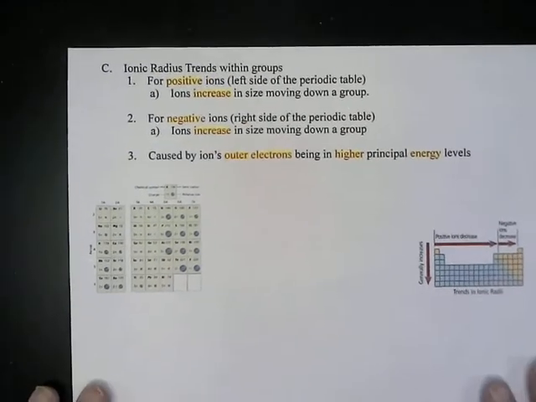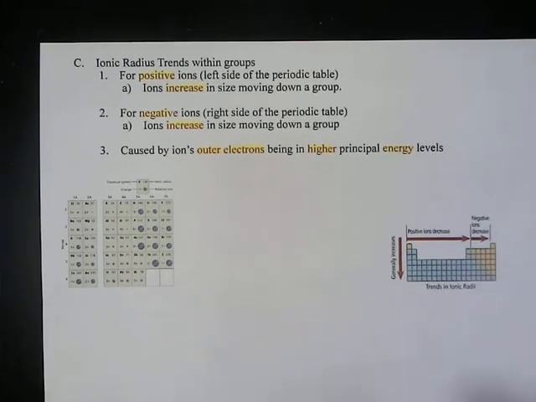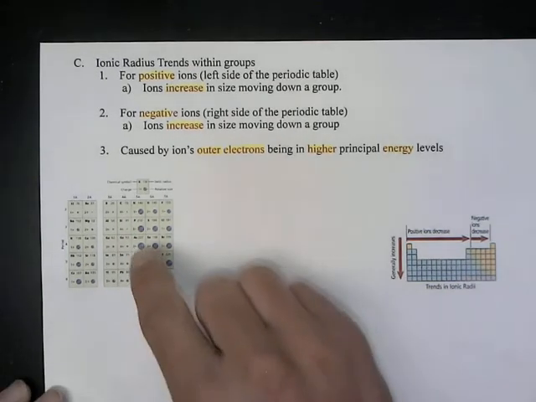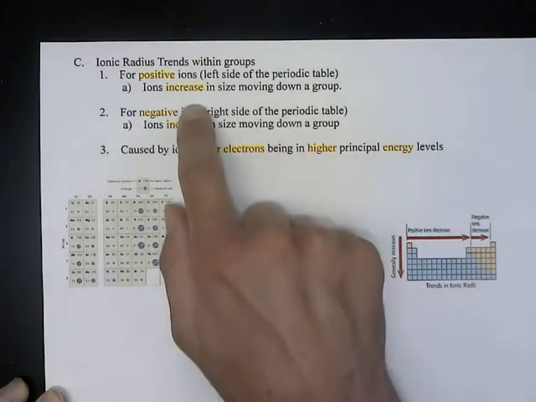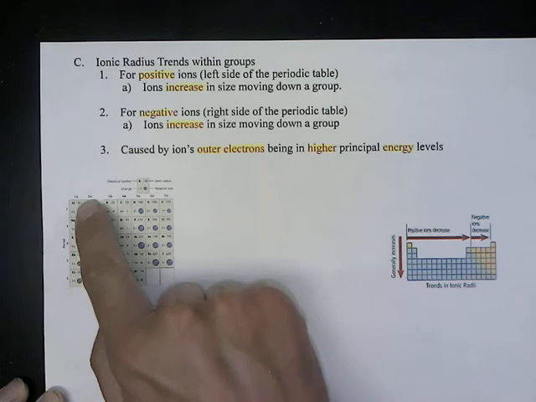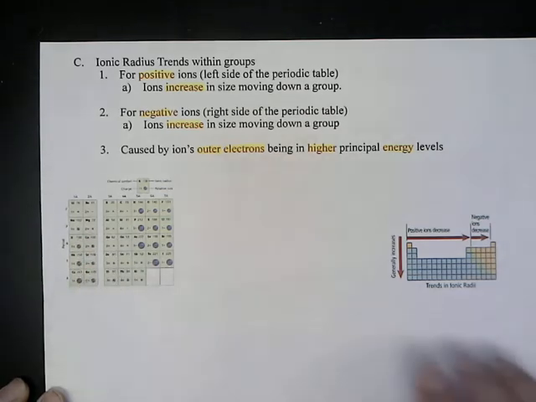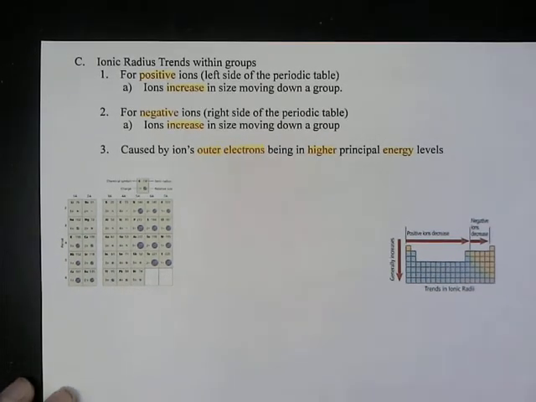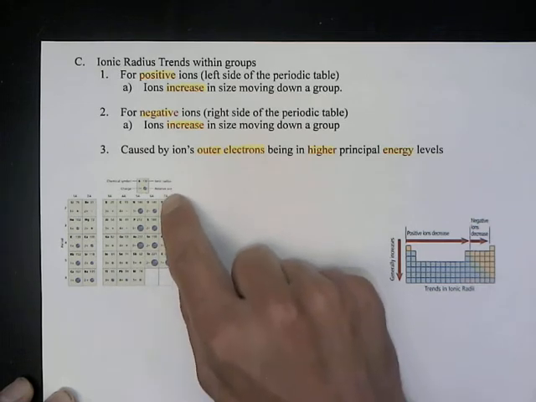Now going through this again, just talking about our particular ions, for positive ions, as we move down a group, the ion size is going to increase. You can see this in the picture, with the purple showing the size of the ion. As we move down a group, it gets larger and larger. The same thing happens with negative ions, not as noticeable, but it does increase.